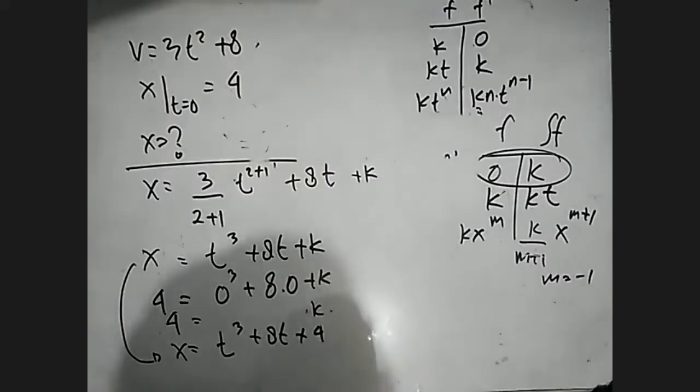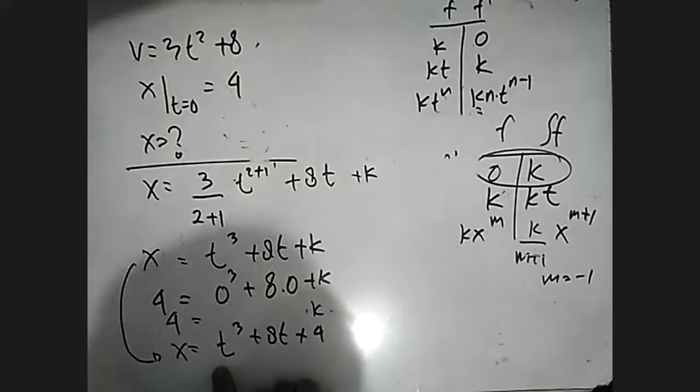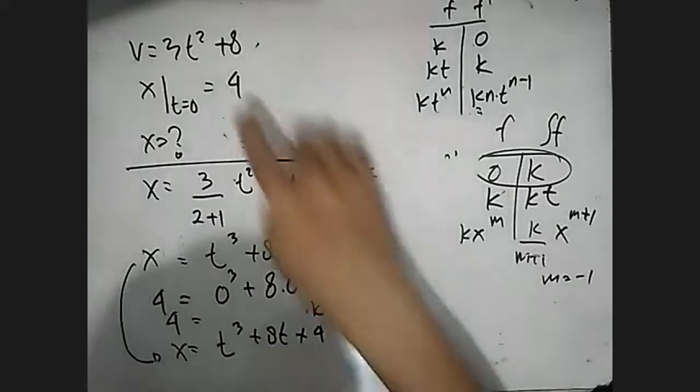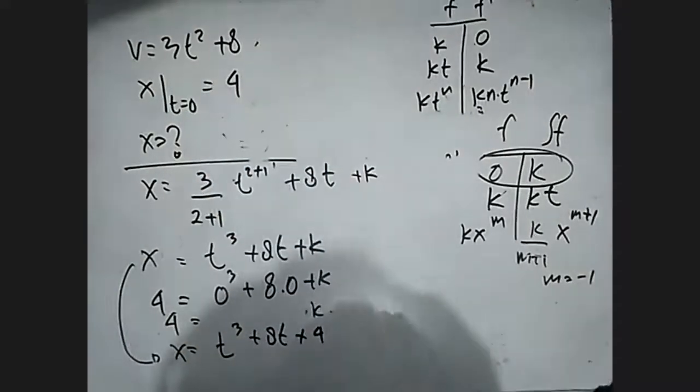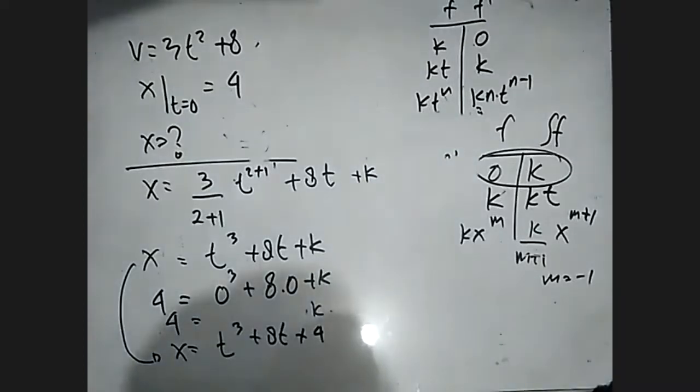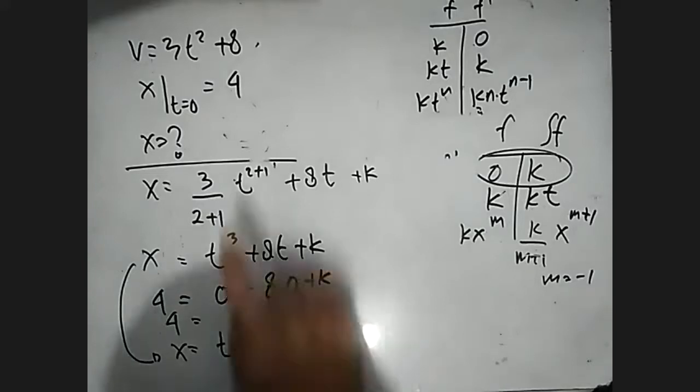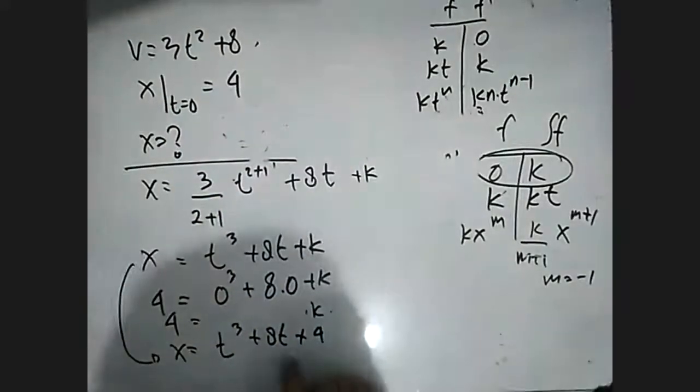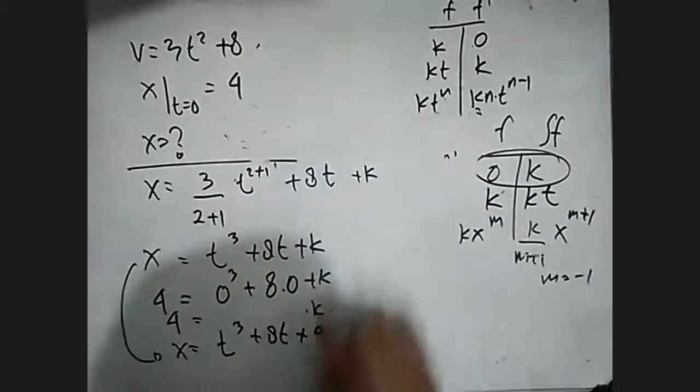It is a good check, okay, to use this differentiate. Are we having v? By now, I believe you are very fast in differentiating. T cube is going to be 3t squared check. 8t become 8 check. And 4 becomes 0 check.